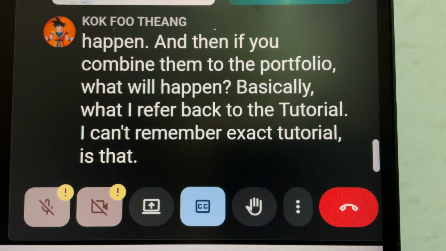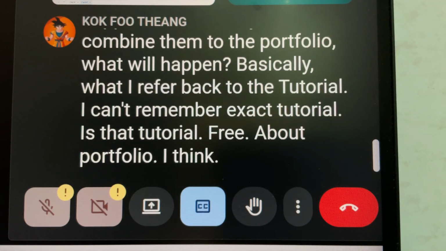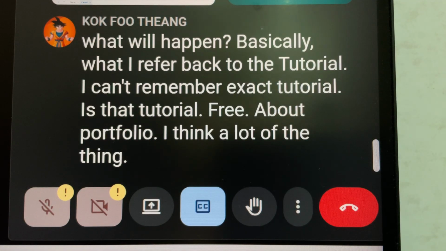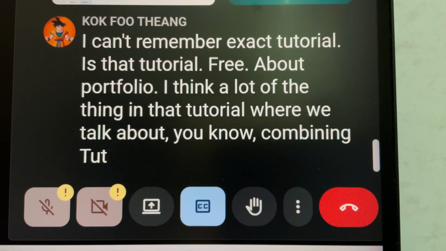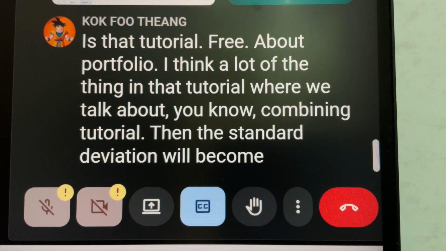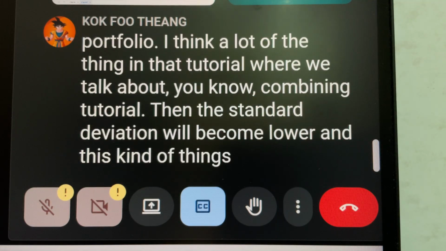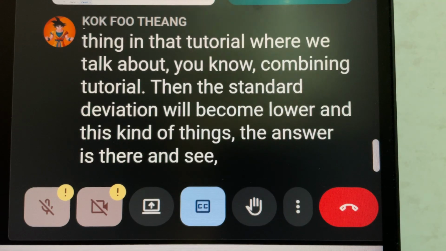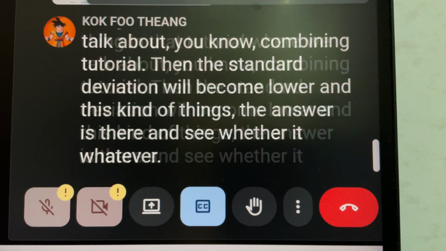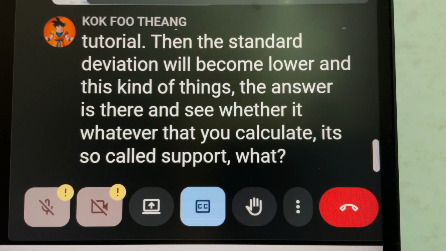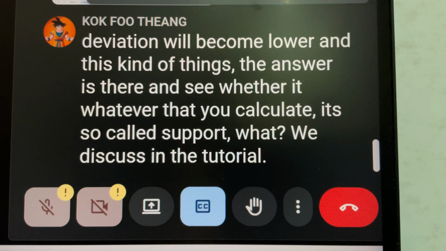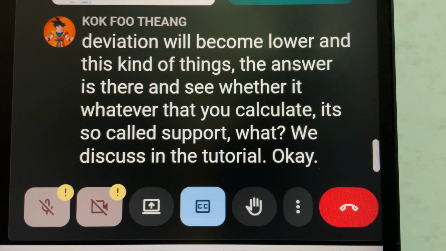Is that tutorial 3 about portfolio? I think a lot of it is in that tutorial where we talk about combining, and the standard deviation will become lower and these kinds of things. The answer is there, and see whether what you calculate supports what we discussed in the tutorial. That's part one.